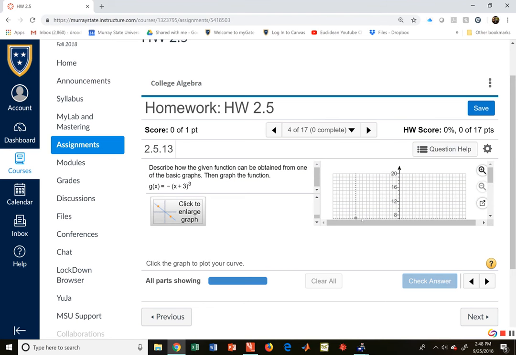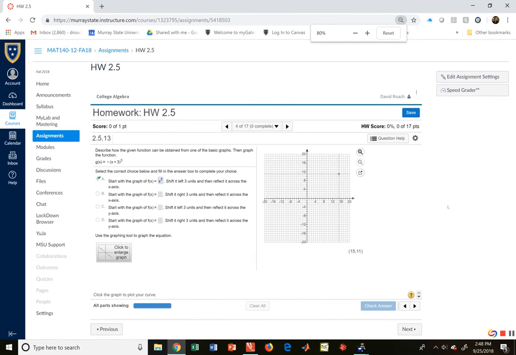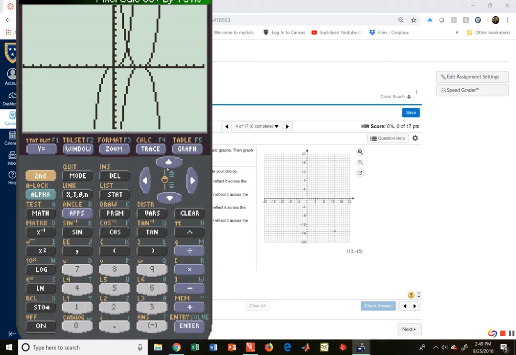All right, and then when you go over here, let me see if I can make my screen a little smaller. Okay, so the trick with this tool is you've got to tell it some correct points, some points that are actually on the graph. Now go over here to your calculator.